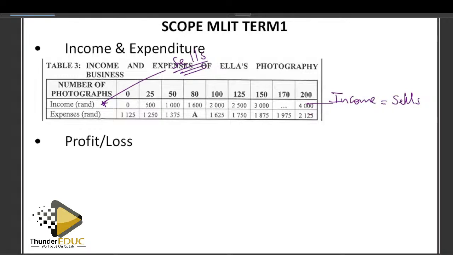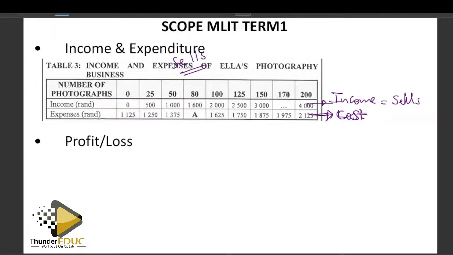Whereas costs, these are expenses. These are costs you spend even before you start selling. Because, for example, you need to buy the materials, you need to rent, you need to pay for the water, you need to pay for the electricity. You are spending even before you sell. They might ask you, why does the graph for income start from 0?